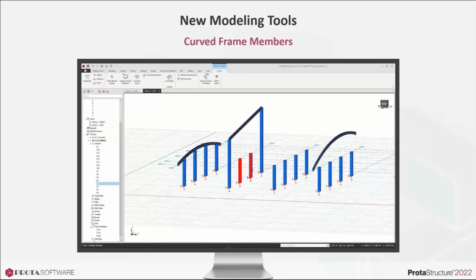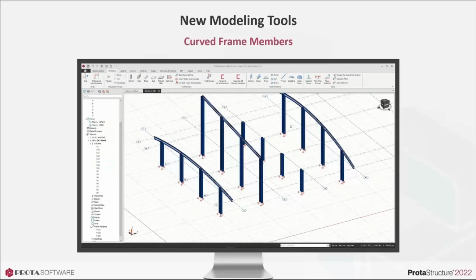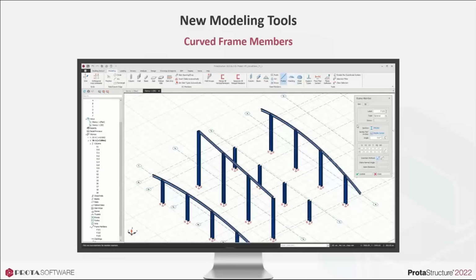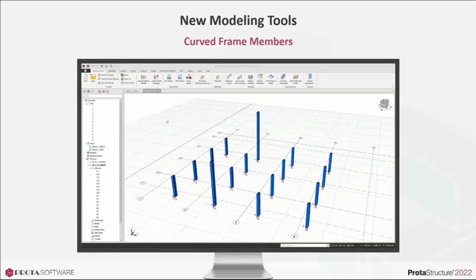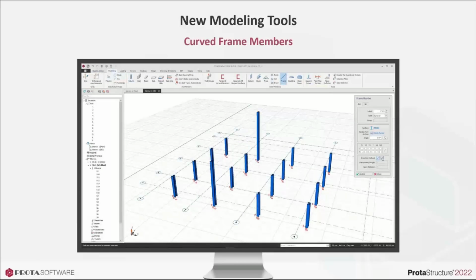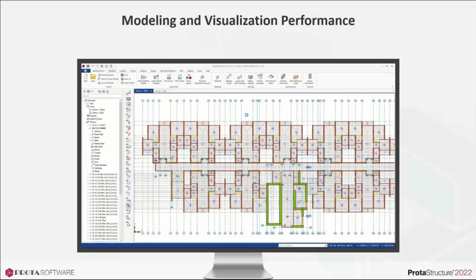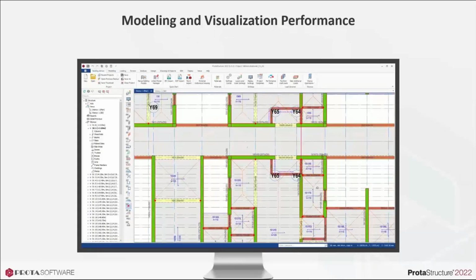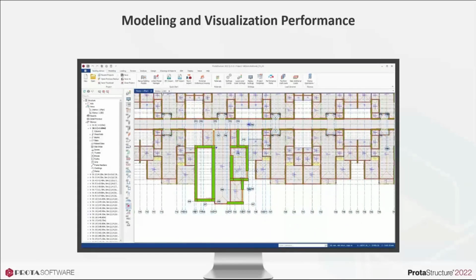It can be on a horizontal plane, it can be curved in the vertical plane or any inclined plane, and you can load them freely, again, thanks to the new load editor. So you see on the screen, I define the curved members, and I extend the columns to the elevation of the curved members automatically.